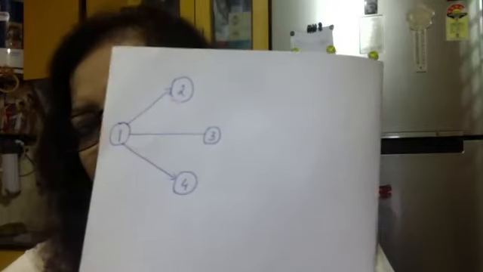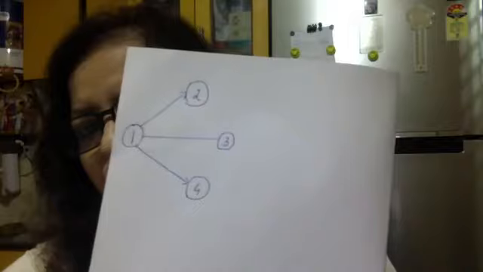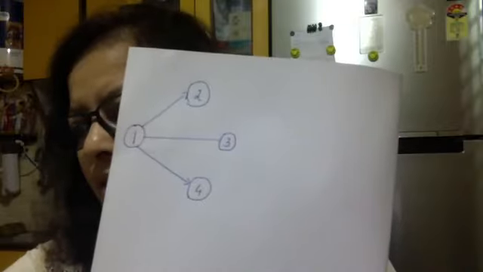Alright, now we will place 5 between 2 and 3, and we will join 2 to 5 and 3 to 5.